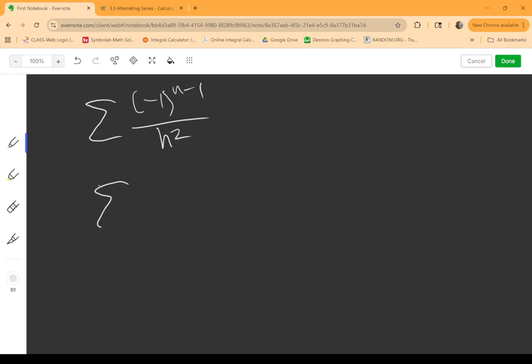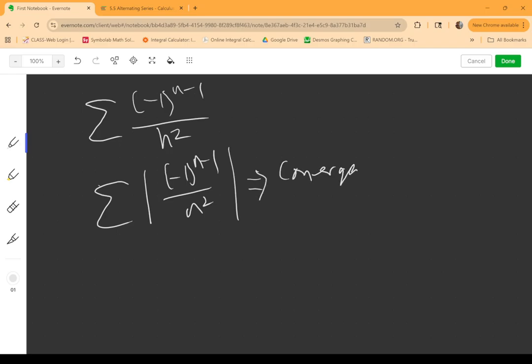So if you take a look at this here, n squared, and then here, I know that this is a convergent p-series.